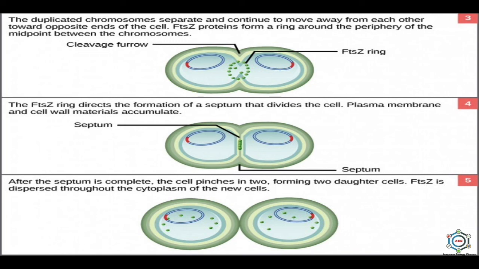After the septum is complete, the cell pinches in two, forming two daughter cells. FtsZ is dispersed throughout the cytoplasm of the new cells. The whole process of replication and cell fission is completed in about 20 minutes in rapidly growing bacteria.